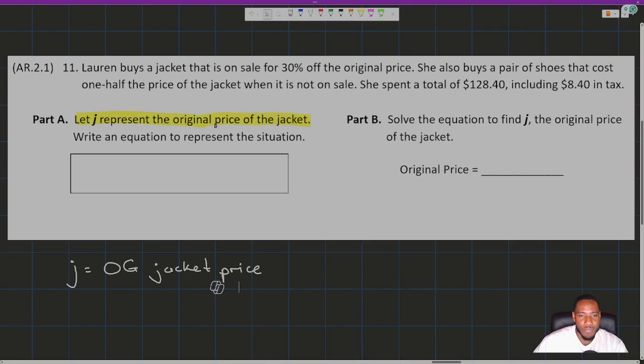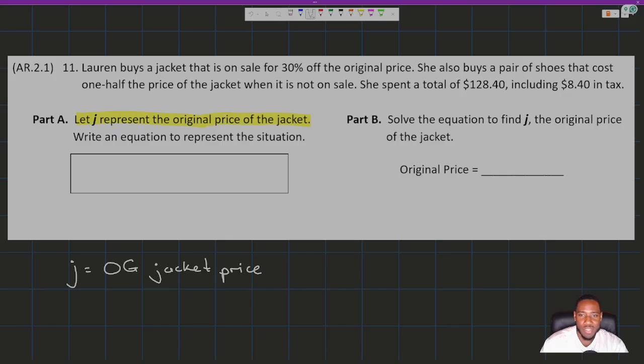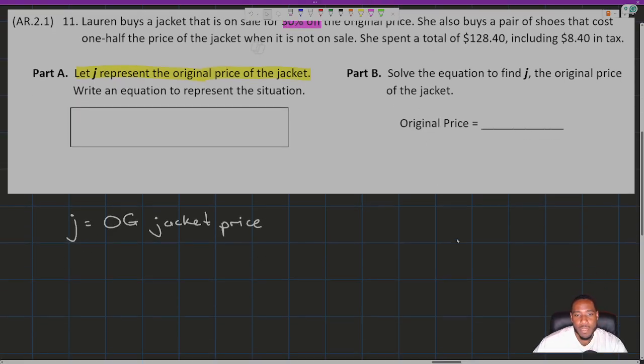And so we got a few different things to consider here. If they tell us that the jacket is on sale for 30% off, let me use a different color for that. We got to think about what that means.